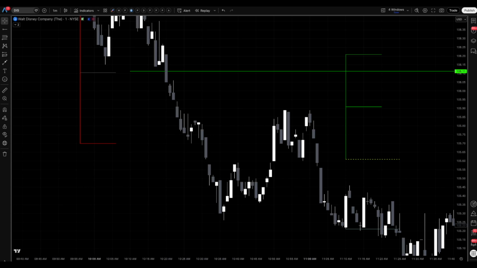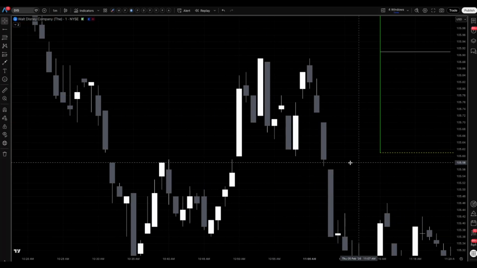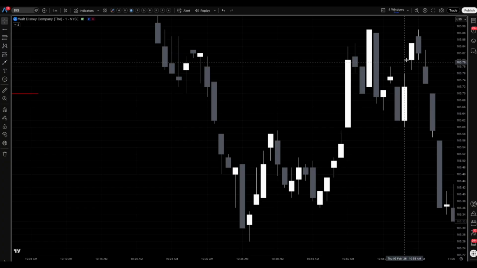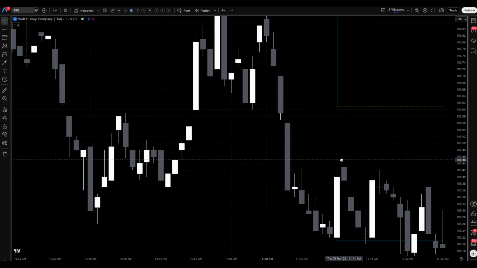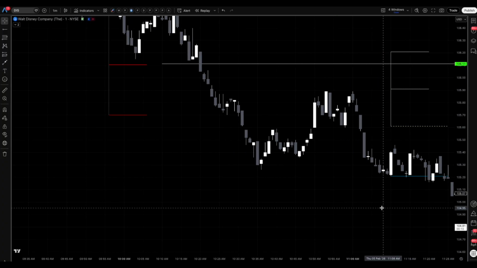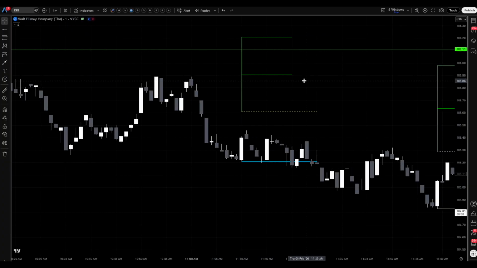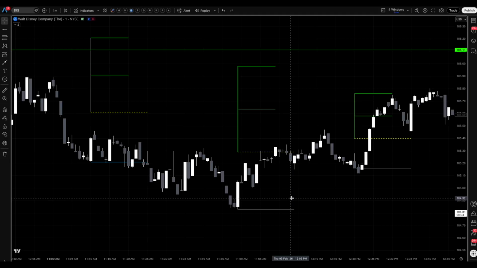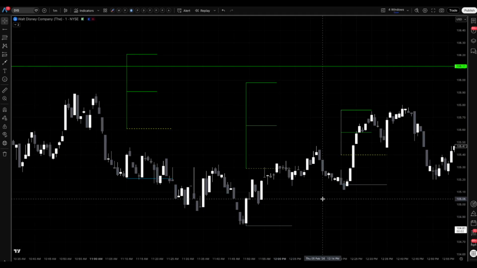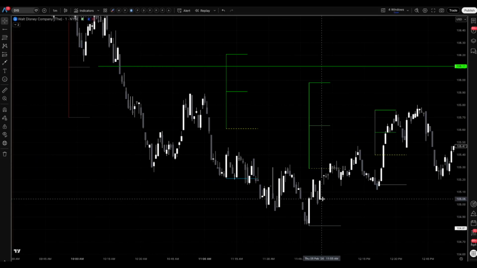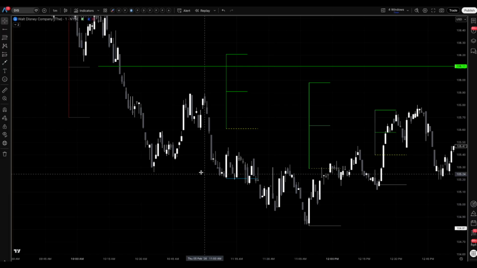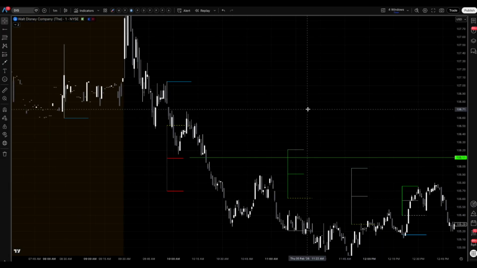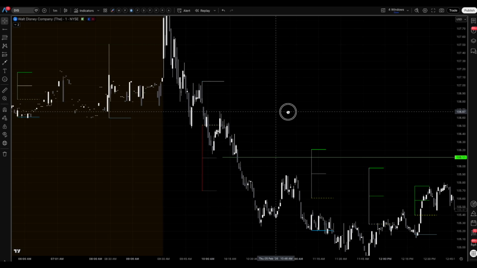When I say not great looking, I mean look at all these little gaps in the price, right? This means that liquidity is low. We don't want to take signals when there are this many gaps in the chart. It doesn't mean that they won't play out. Usually they still will, but it does mean that you're going to either have to wait a little bit longer or your targets are going to be less precise.